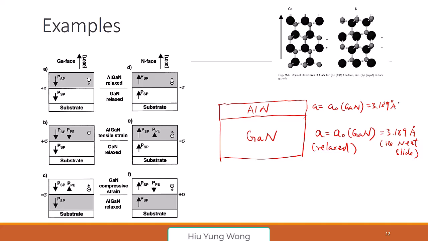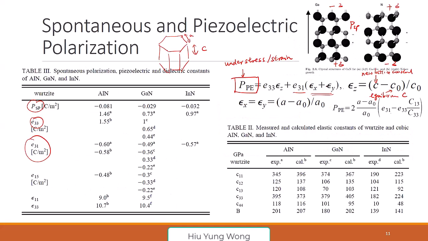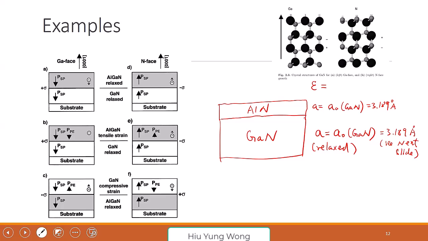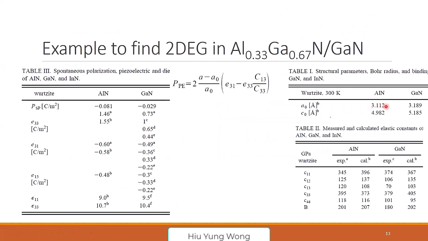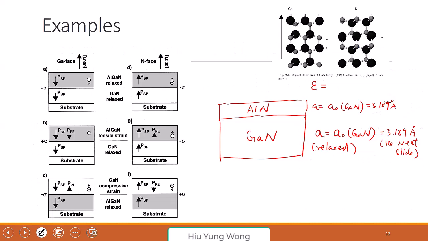Is that okay? Make sense? But what is the strain of aluminum nitride? Well, look at this equation. It's A minus A0 divided by A0. So aluminum nitride is 3.112. So I was 3.112, but you now force me to be 3.189, divided by 3.189.